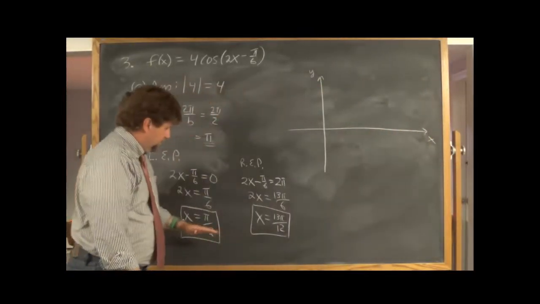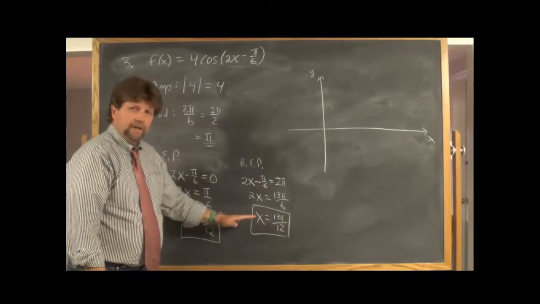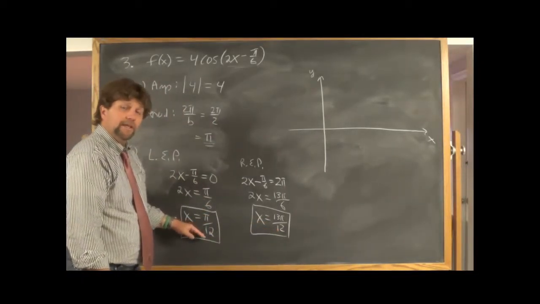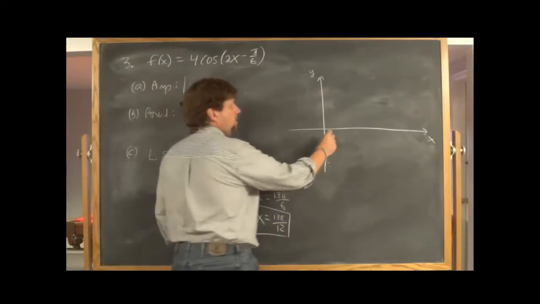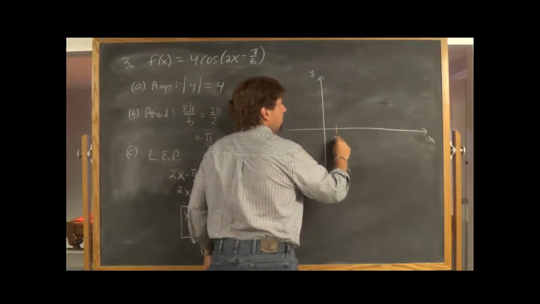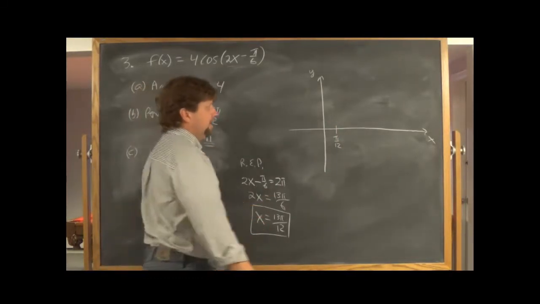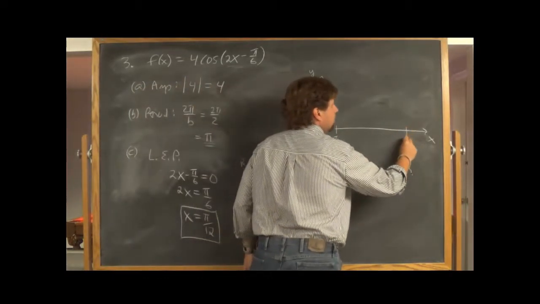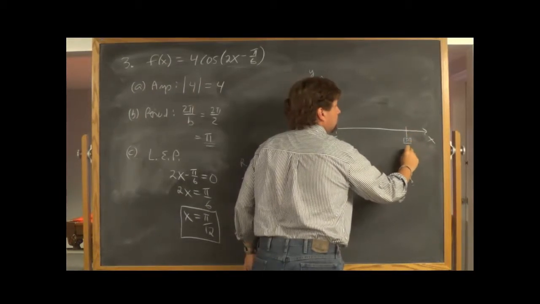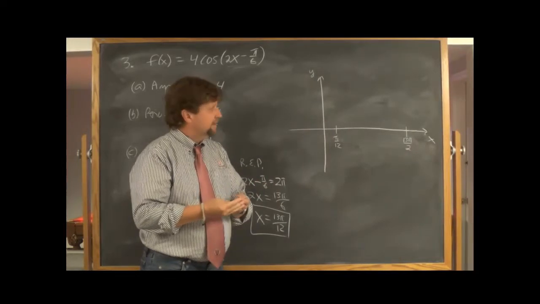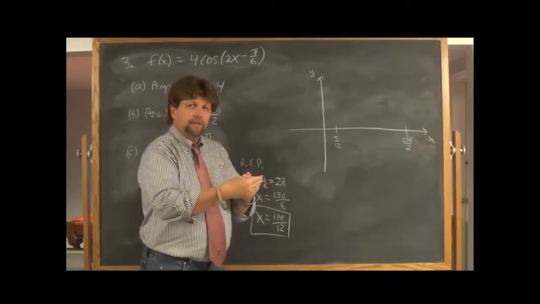And I lay off one period on my x-axis where I know the left endpoint is pi over 12 and my right endpoint is 13 pi over 12. Those are two of the five quarter points, left endpoint and right endpoint.